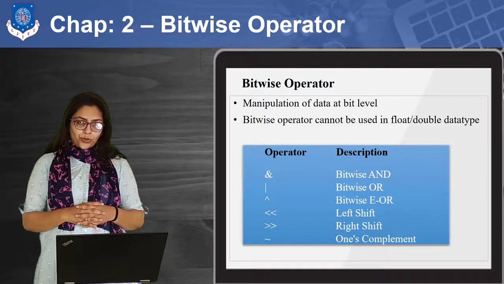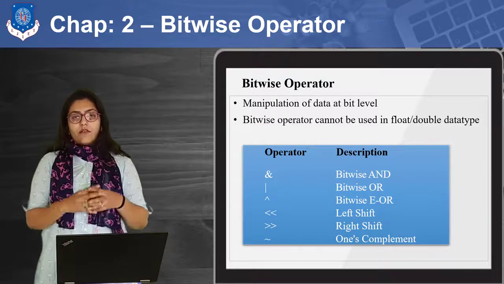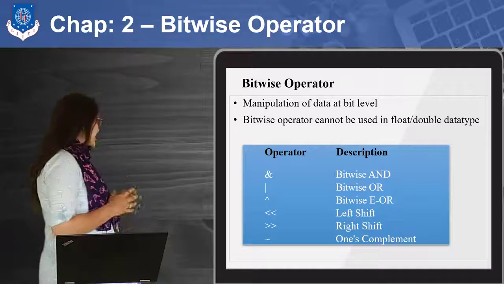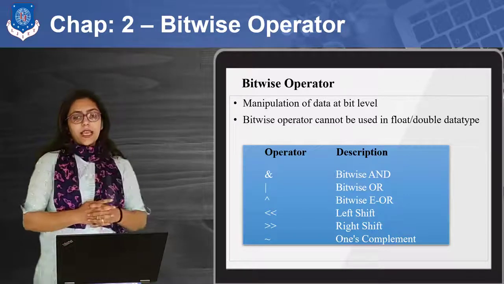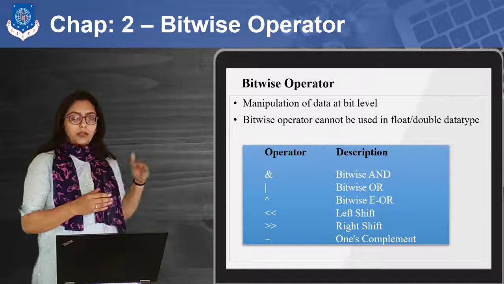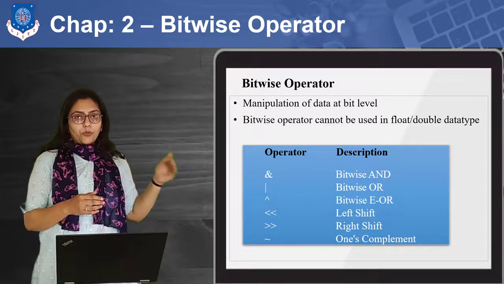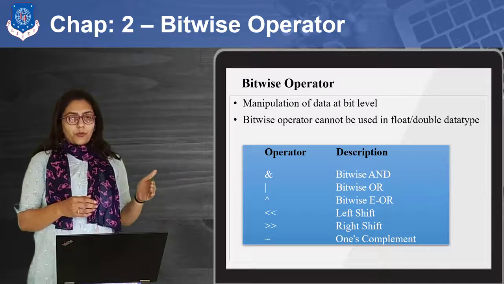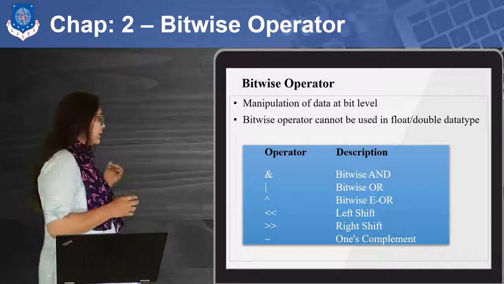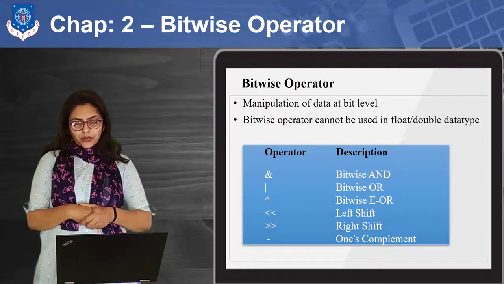In this lecture itself, we are going to see the truth table for these operations. Then you can see the left shift operator, that is, if you want to shift bits by some position, one position or two positions, at that time you can use left shift, and similarly right shift in the opposite direction.